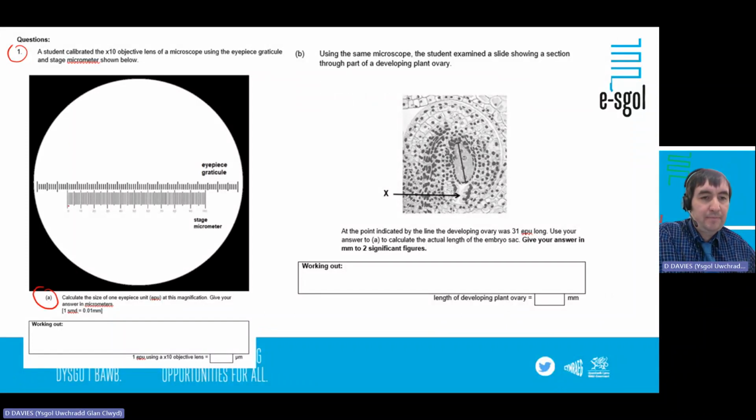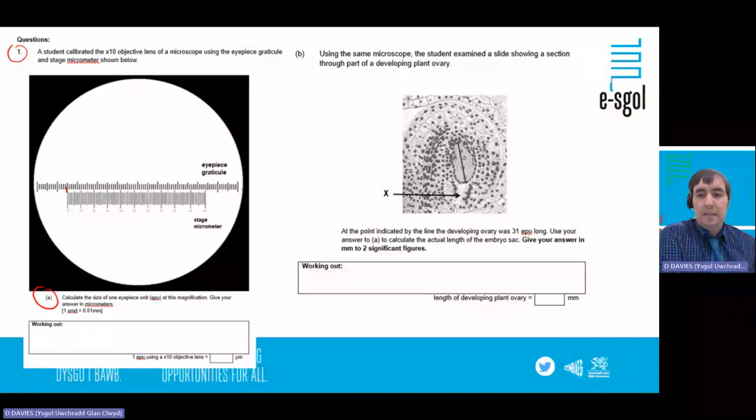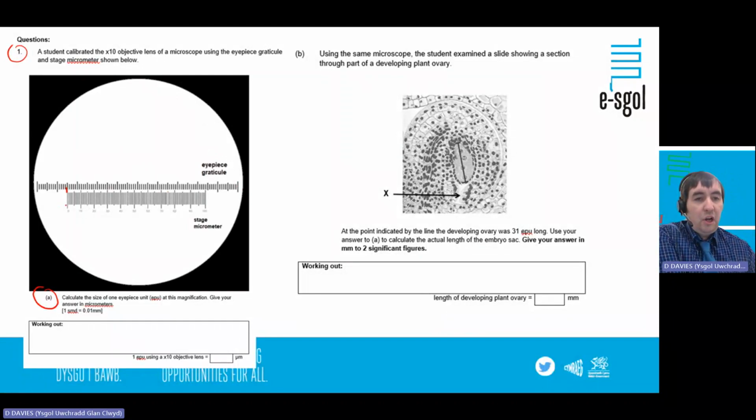Remember, eyepiece graticule, stage micrometer, how many of these per some of these? They are nicely lined up there, I think. Obviously the bigger the numbers here, the less room for error you've got.